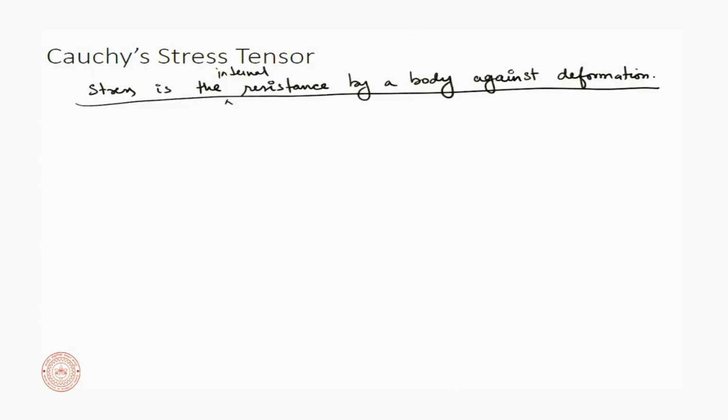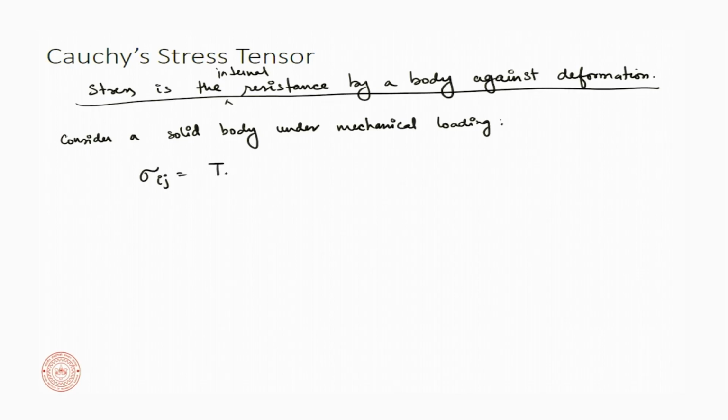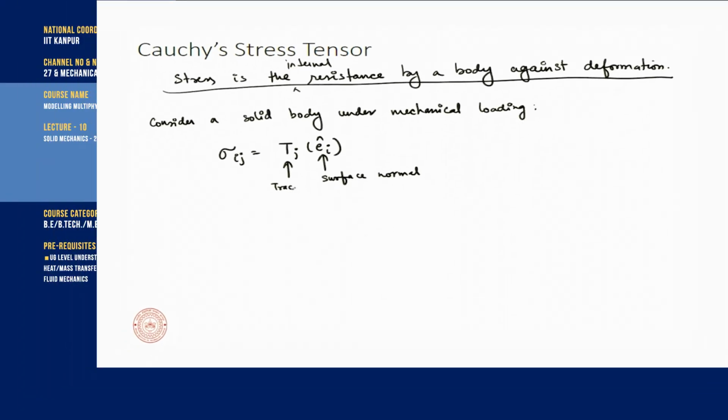Okay. So the Cauchy stress tensor is that you consider a solid body under mechanical loading, then our sigma, that is our Cauchy stress tensor, sigma ij is equal to the traction vector along j, e cap along i, where e is our surface normal of the plane that we are projecting, and t is our traction vector.